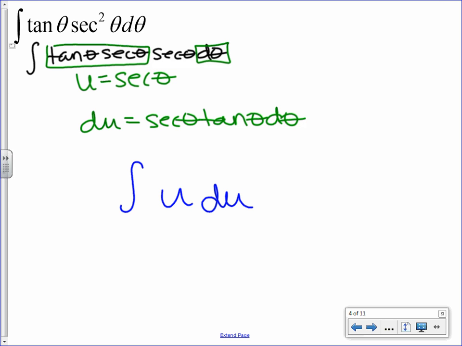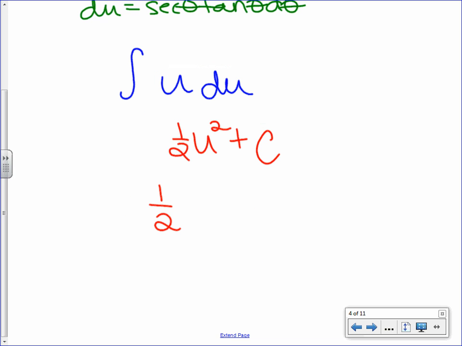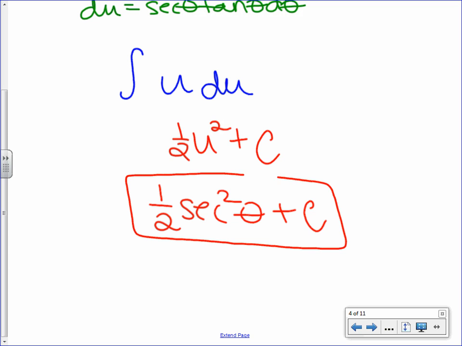Okay, so then when we integrate, we get 1/2 u squared, which becomes 1/2 secant squared.